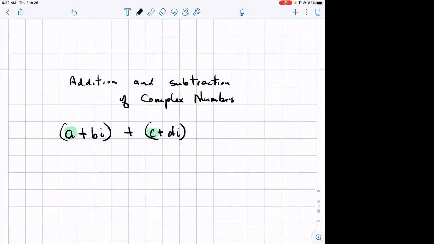So we can say that this is equal to a plus c, okay? And then we have the imaginary parts also, bi and di. And this is equal to, or we can say plus now, so this is the real, the imaginary is bi plus di.